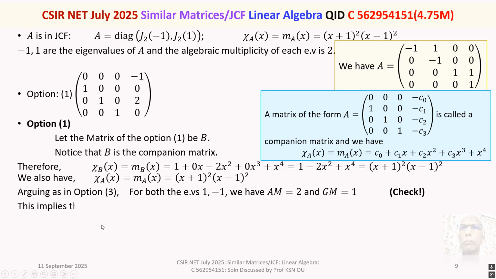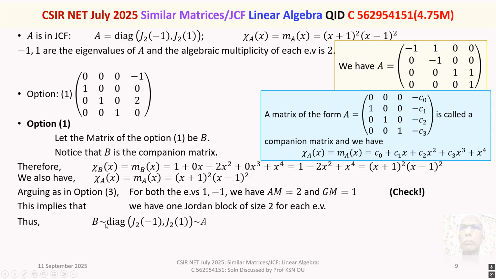So this implies that GM is 1 means one Jordan block of size 2 for each of the eigenvalues, lambda equal to 1 and lambda equal to minus 1. Thus, the JCF of B is diagonal, along the diagonal, the Jordan block of size 2 corresponding to the eigenvalue minus 1, J2 of minus 1, and J2 of 1, the Jordan block of size 2 corresponding to the eigenvalue 1.